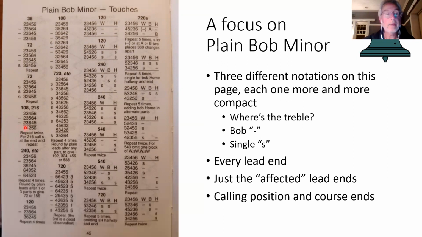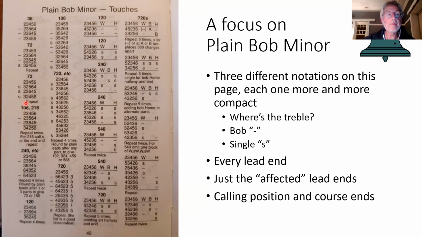So if I do it again, bob lead, plain lead, they would cycle again the same way. And so 3, 4, 2 would then become 4, 2, 3. And then I do it again, and 4, 2, 3 will cycle through and become 2, 3, 4. So that's why it says repeat twice. And what a surprise, if I do the 108 and put in a single at that plain lead at the end and then repeat, it'll be 216.